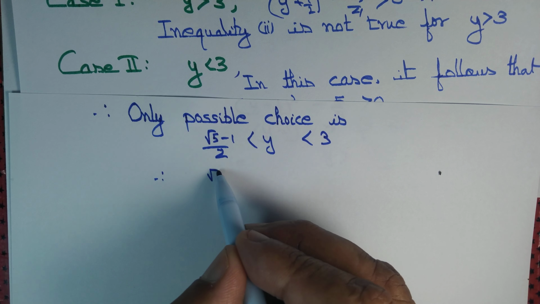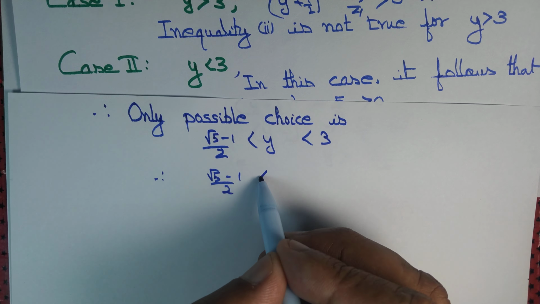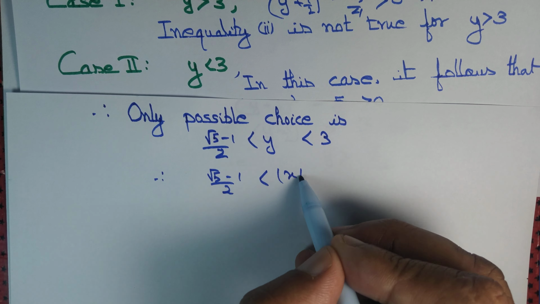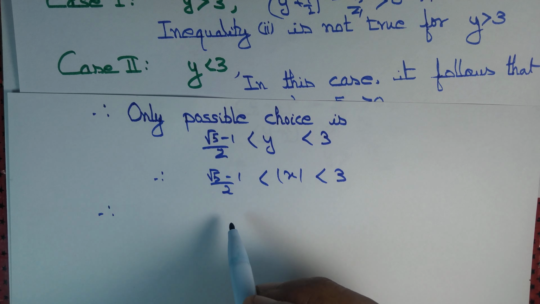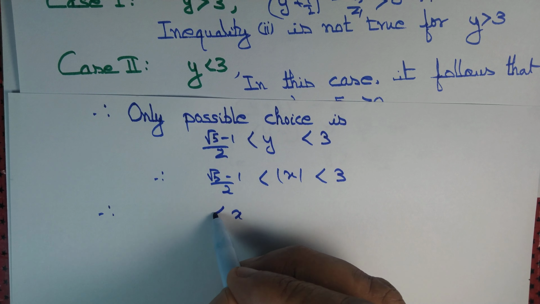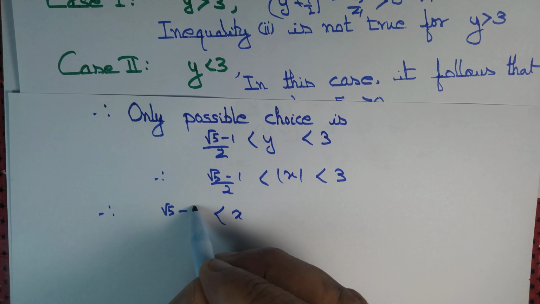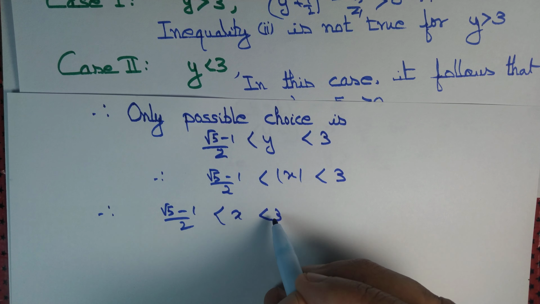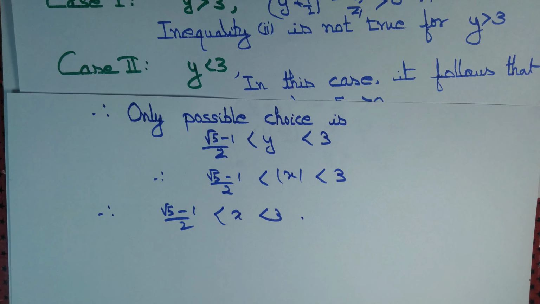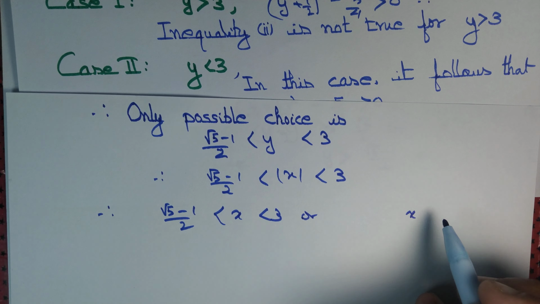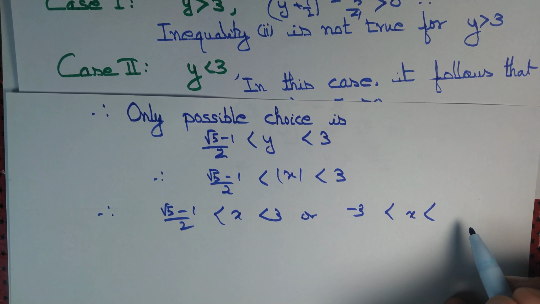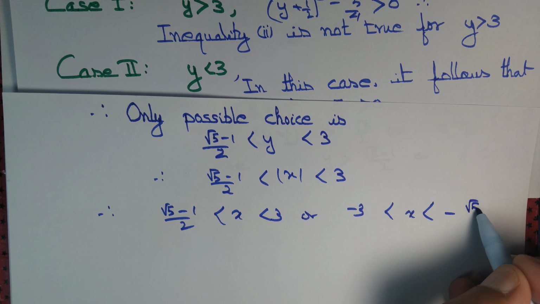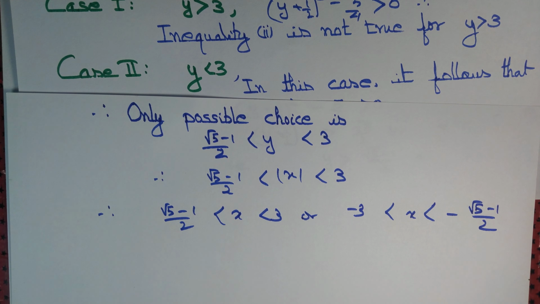Therefore root 5 minus 1 by 2 is less than mod x, and that's less than 3. Therefore x is greater than root 5 minus 1 by 2 and less than 3 if it is positive. What if it were negative? Or x is greater than minus 3 and less than minus of root 5 minus 1 by 2.